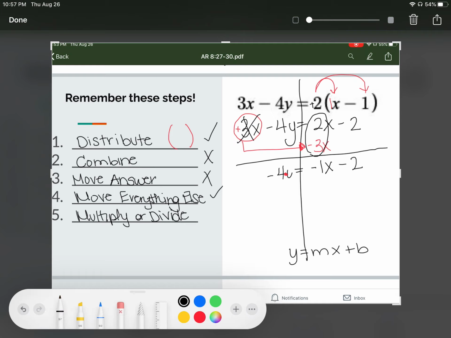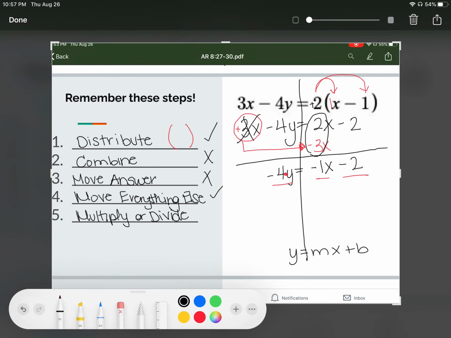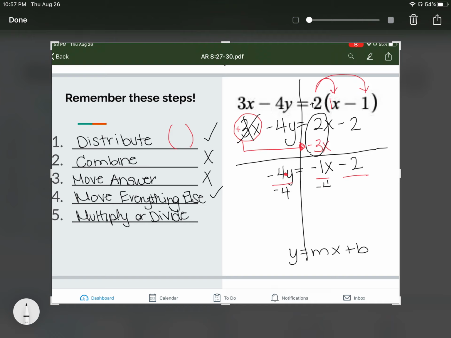We're going to take everything on this problem and divide it by negative 4. That way, these two numbers cancel out, and the only thing we have left on that side is the y, which is what we want.